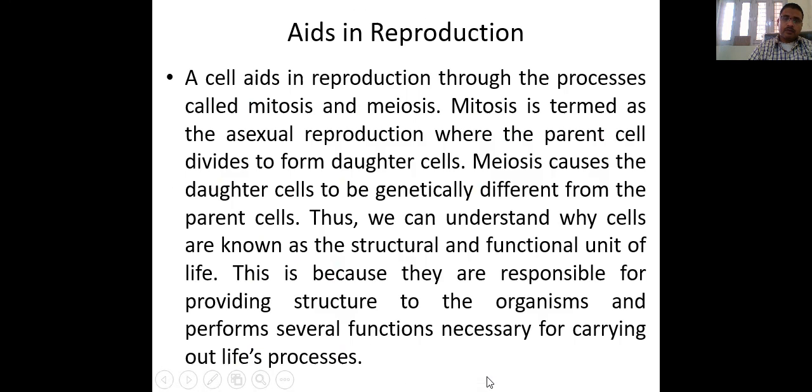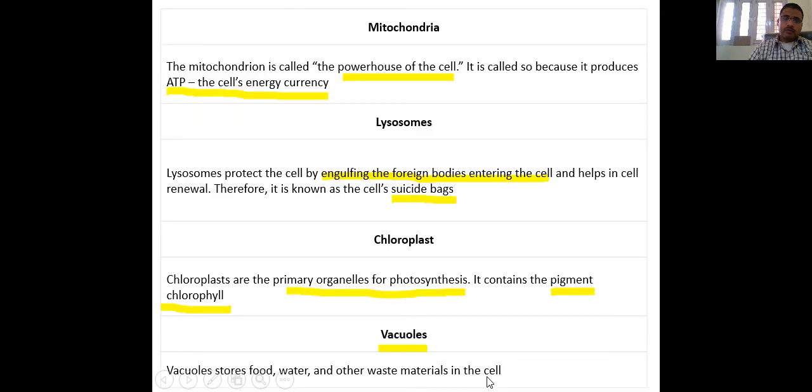What you have to do now is understand all these points: what is the plasma membrane, the cell membrane, what is the cell wall, what are the different cell organelles, and what are the different functions of these cell organelles. You have to go through the given pictures in your slide, and you also have to draw those pictures.